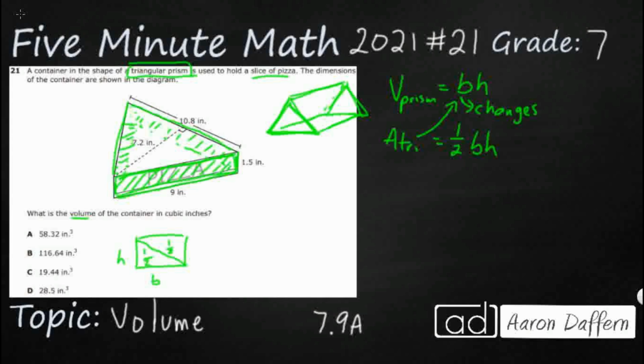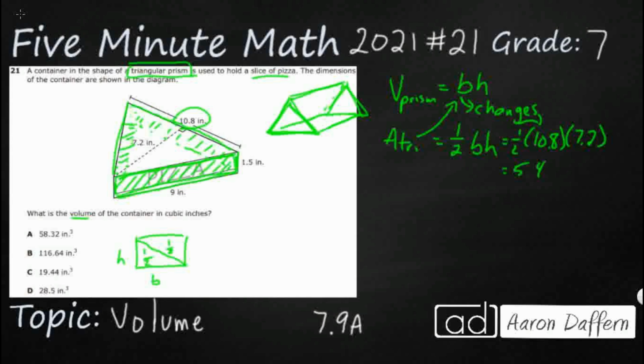So we've got some numbers here that aren't going to be the easiest to multiply. The area of a triangle can be 1/2 times 10.8 times 7.2. I'm going to go ahead and multiply 1/2 by 10.8. That's going to be pretty easy: 5.4.